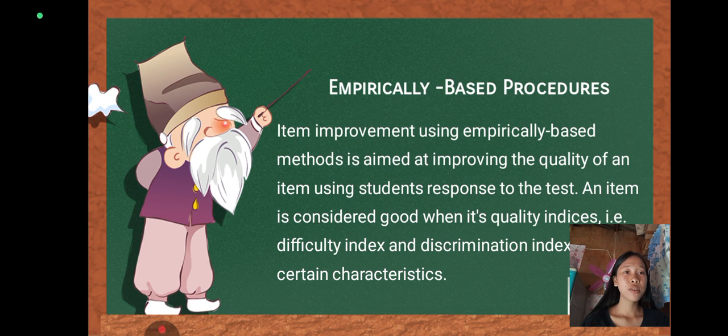An item is considered good with its quality indices, either difficulty index and discrimination index. Test developers refer to this technical process as item analysis, as it utilizes data obtained separately for each item.